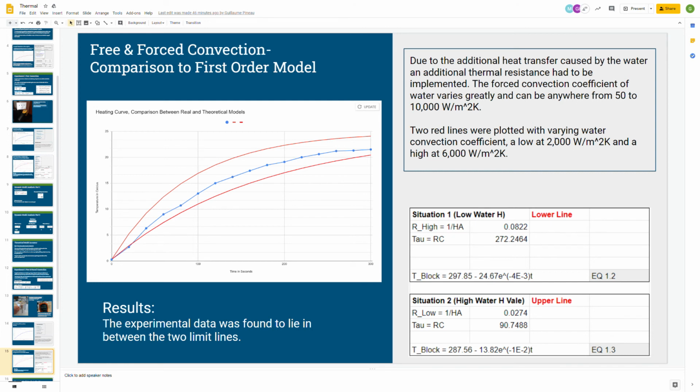The issue is the forced convective heat transfer coefficient varies so much because you've got different surfaces in contact with different geometries, different flow rates, and the coefficient even changes at different temperatures. But all in all, we have the same type of behavior here, this over-damped response, and we see that our experimental results still nest in between these two theoretical curves.